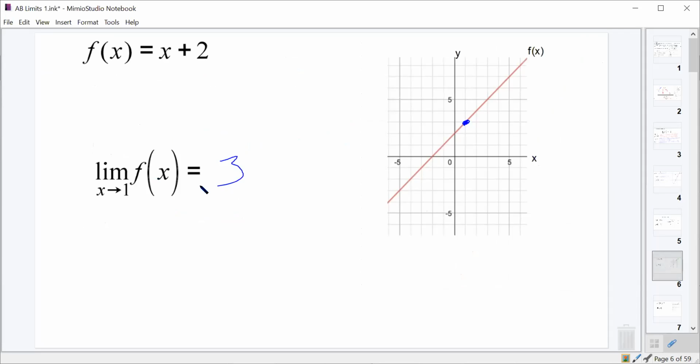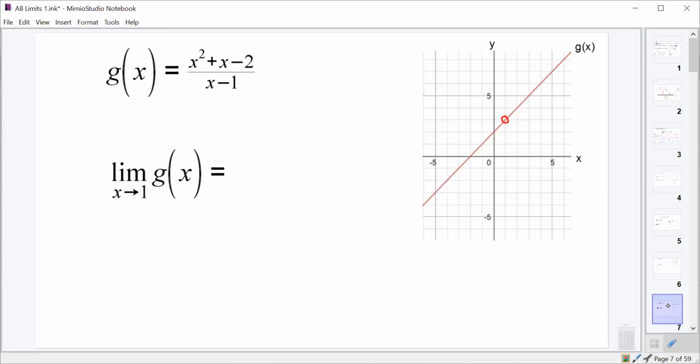We can get as close to 3 as we want by picking numbers closer and closer to 1. Now, we're going to take a look at this next function, which is x squared plus x minus 2 over x minus 1. If we were to try to graph that, the first thing we would always do is factor the numerator. What does the numerator factor to?